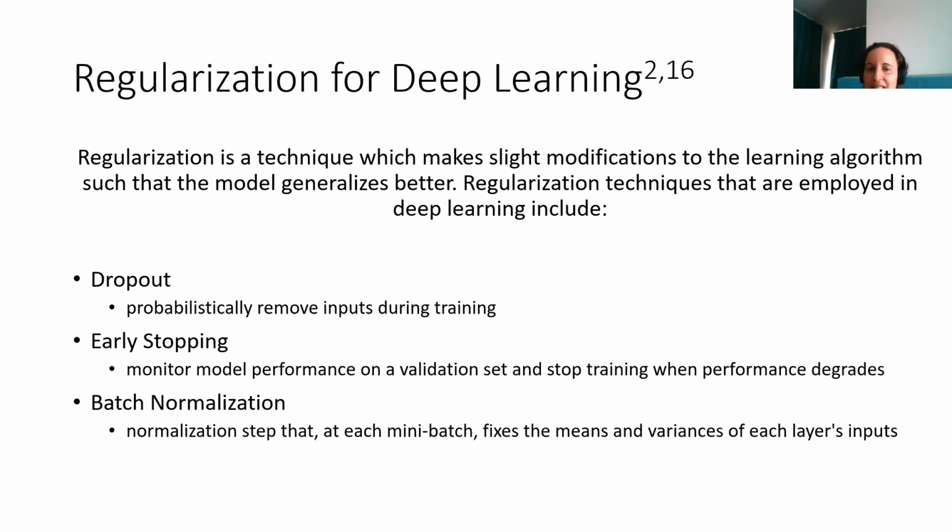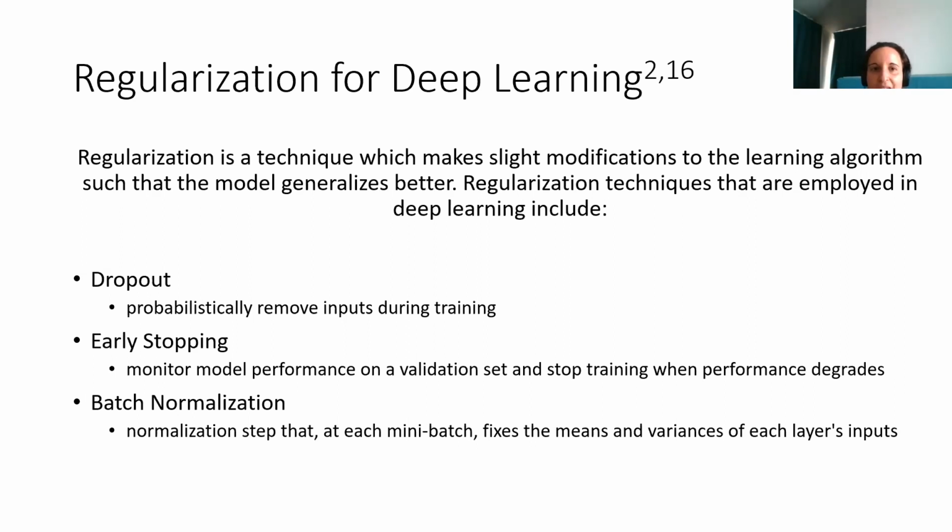At each step of the training process, you transform the values that you got so that the means and variances of the weights at each layer remain the same at every step. This has some small regularization effects. So batch normalization, although it's not used for this purpose, does have one.